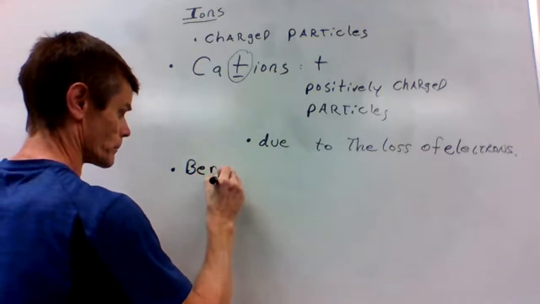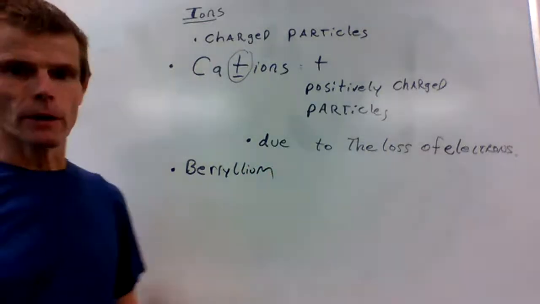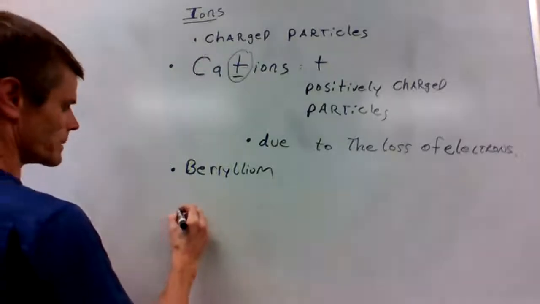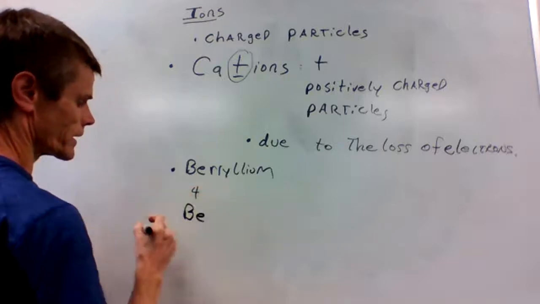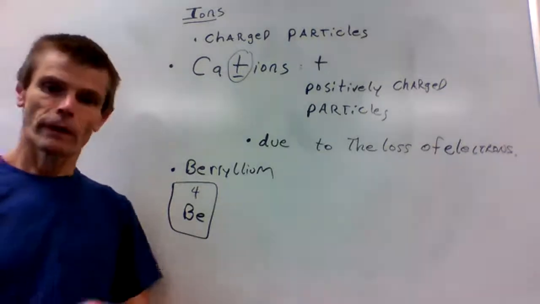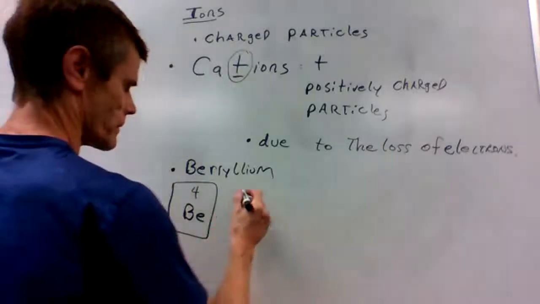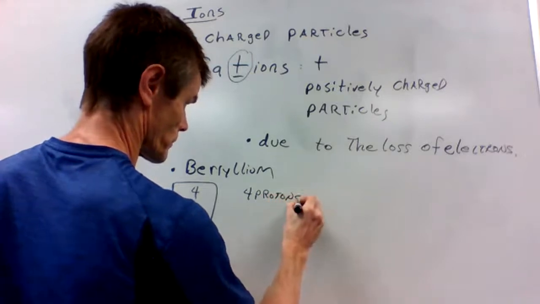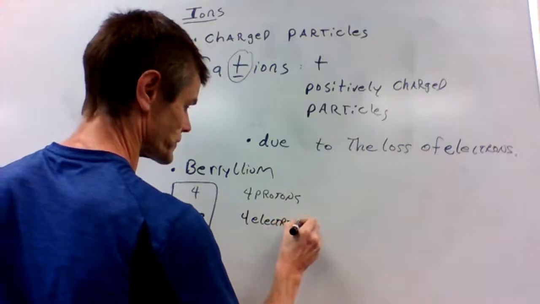If you look on the periodic table, that's what you're going to see for beryllium. There's a 4 on it. Beryllium, neutral atomic beryllium, has 4 protons and 4 electrons. That's all we know about this atom right now.